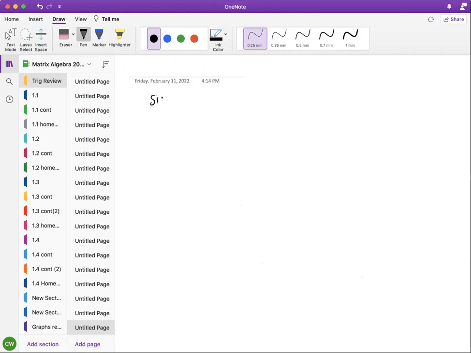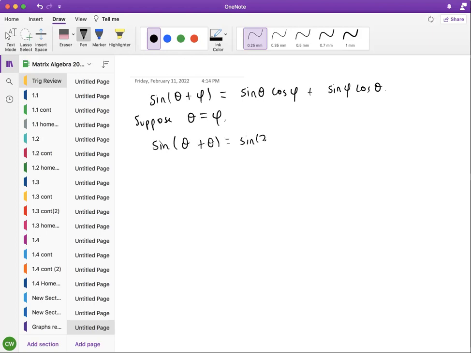Let's rewrite it: sine of theta plus phi is equal to sine of phi cosine of theta plus sine of theta cosine of phi, just rearranging some things. Suppose theta was equal to phi. Then we have sine of theta plus theta, which is sine of 2 theta, and we can write it as sine theta cosine theta plus sine theta cosine theta.